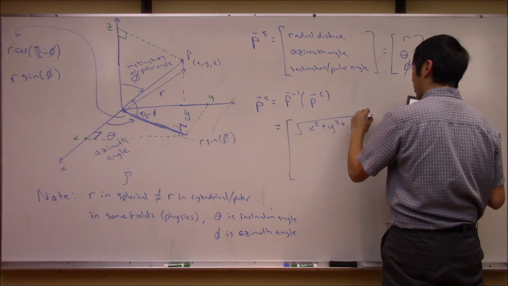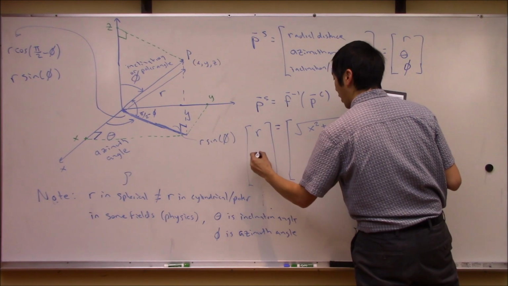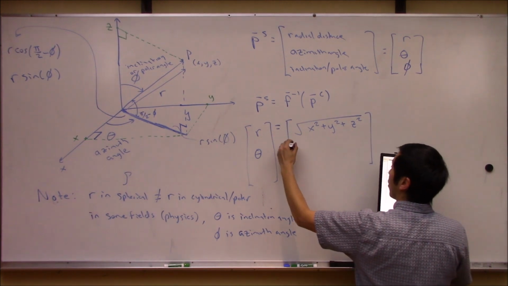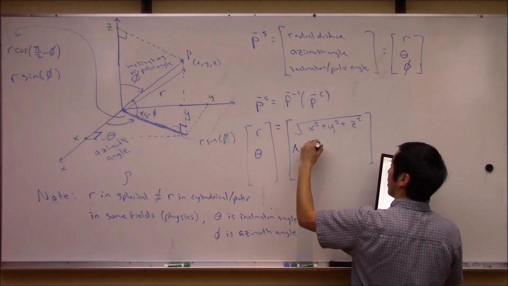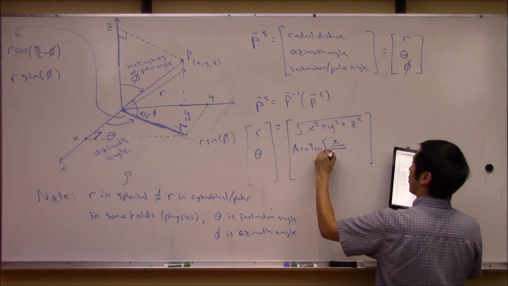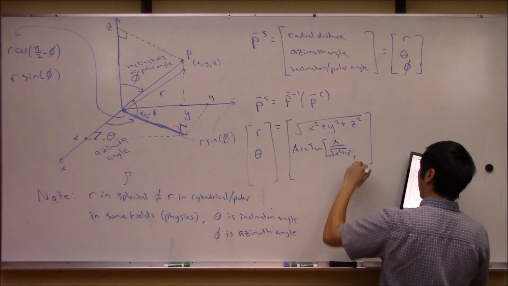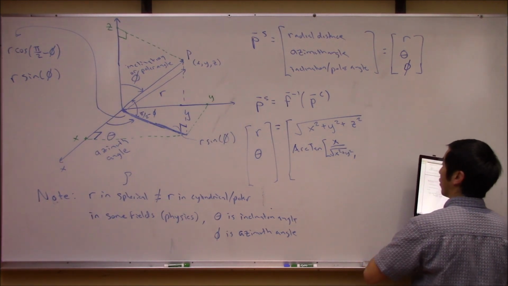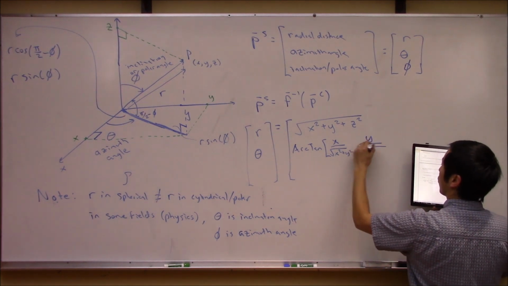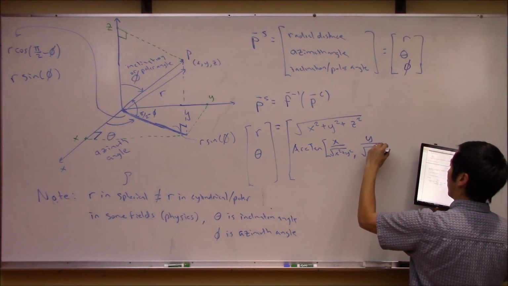z squared, right? Because this was the radius. Radius was totally normal. And then we need the azimuth angle theta. So Mathematica said that this was arctan of x over square root x squared plus y squared, comma, let me move this bracket over to give ourselves a little bit more room, y all over square root of x squared plus y squared.